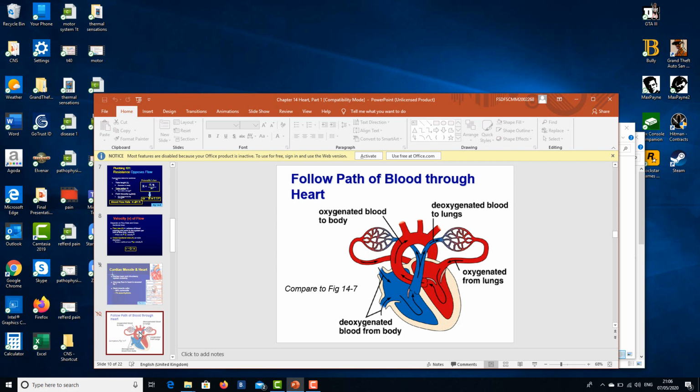Now from here they are going to enter the lungs, and over there their oxygenation is to be done, and the oxygenated blood from the lungs later is going to enter the left atrium, and then go to the left ventricle.